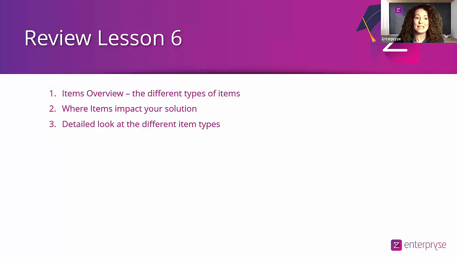So we looked at a detailed look at the different types of items and how they generally would be used within the system. More importantly, we looked at the perpetual inventory. So the impact of stock moving within your platform. So the impact of stock moving within the system entirely. So a stock is received in, it's got a cost price. What happens now?